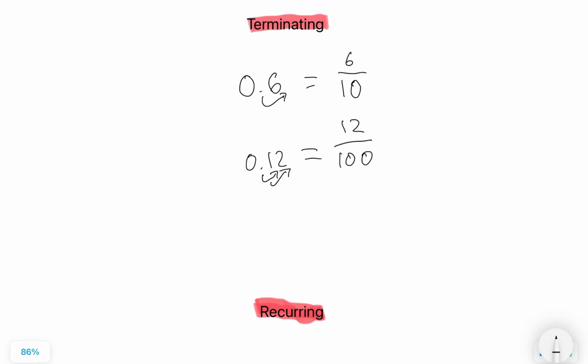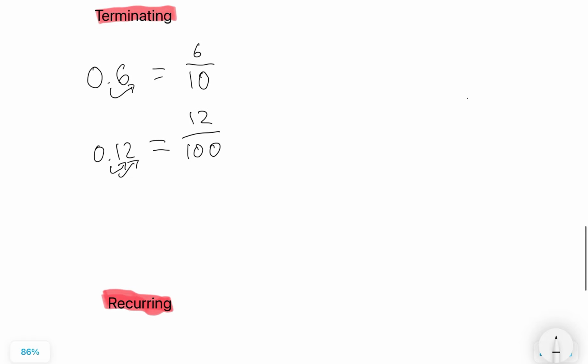So just think of it as 10 to the power of n, and n is equal to the number of places you need to move the decimal point to the right in order to turn it into a whole number. But you can just make this fairly easy. Say you got 0.7. It's 1 place to the right, so 7 over 10. And you'll get more used to it over time.